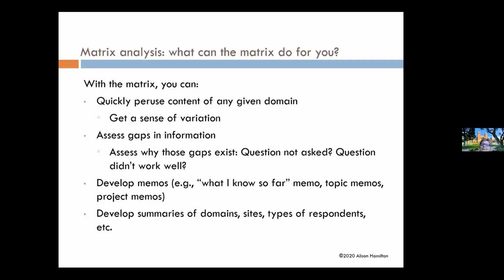So if you have 10 questions, maybe you're going to have 10 or 12 domains. I wouldn't say you want to find yourself in a situation where you have 10 questions and you have 40 domains, because then you probably want to use a different analytic technique.